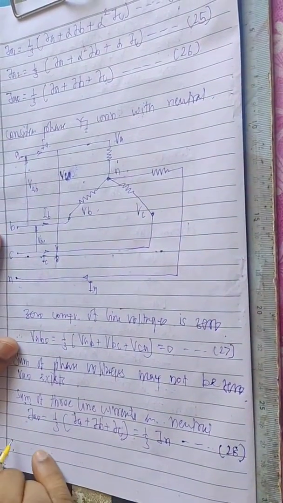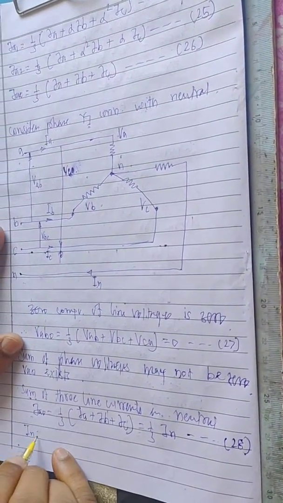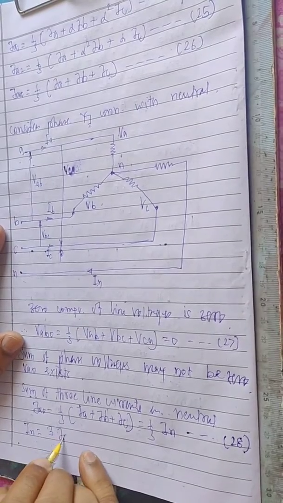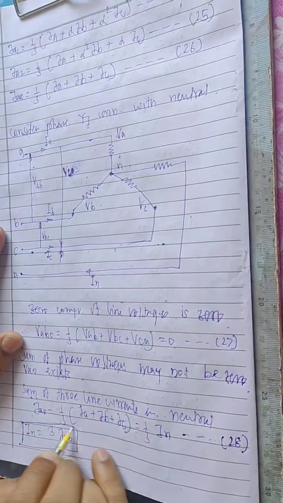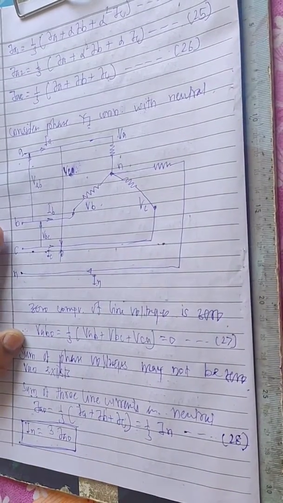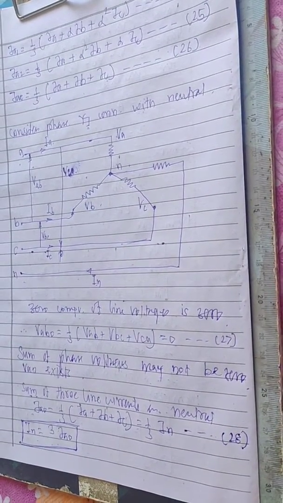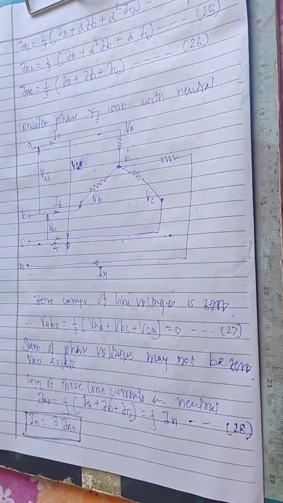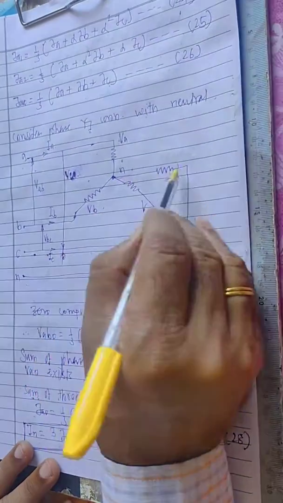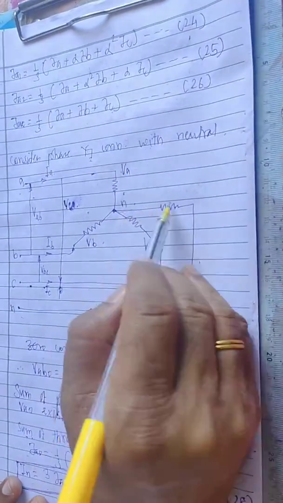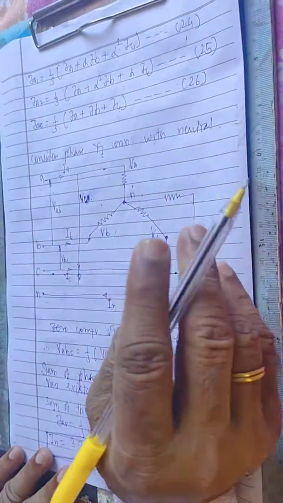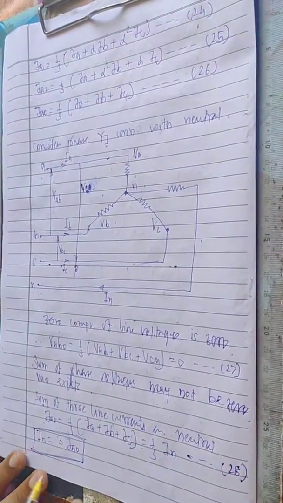So the neutral current IN is 3 times the zero sequence current. But if the system is star connected and the neutral is absent, then there is no zero sequence current.